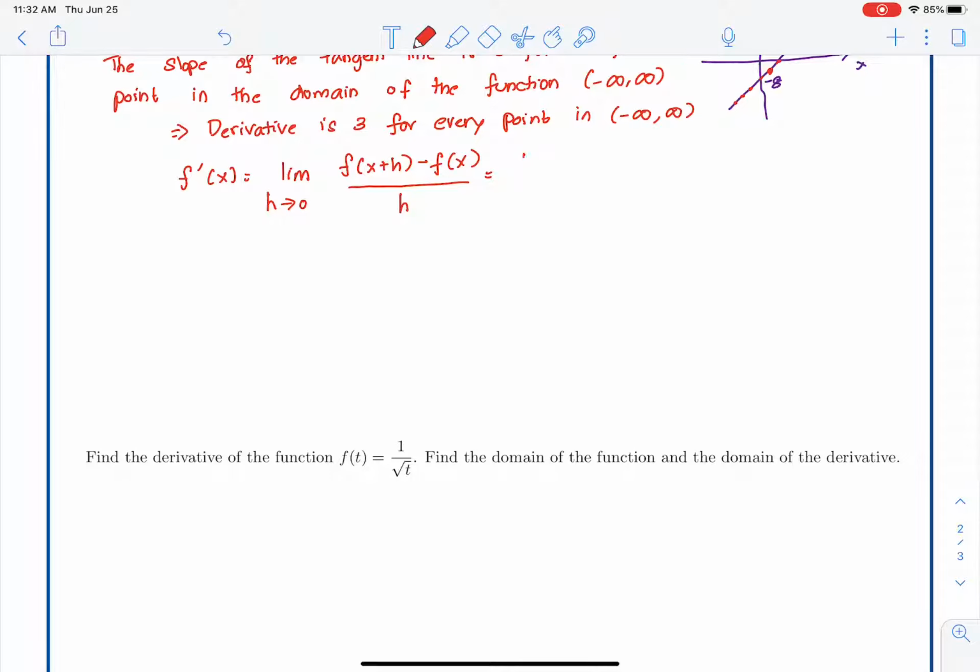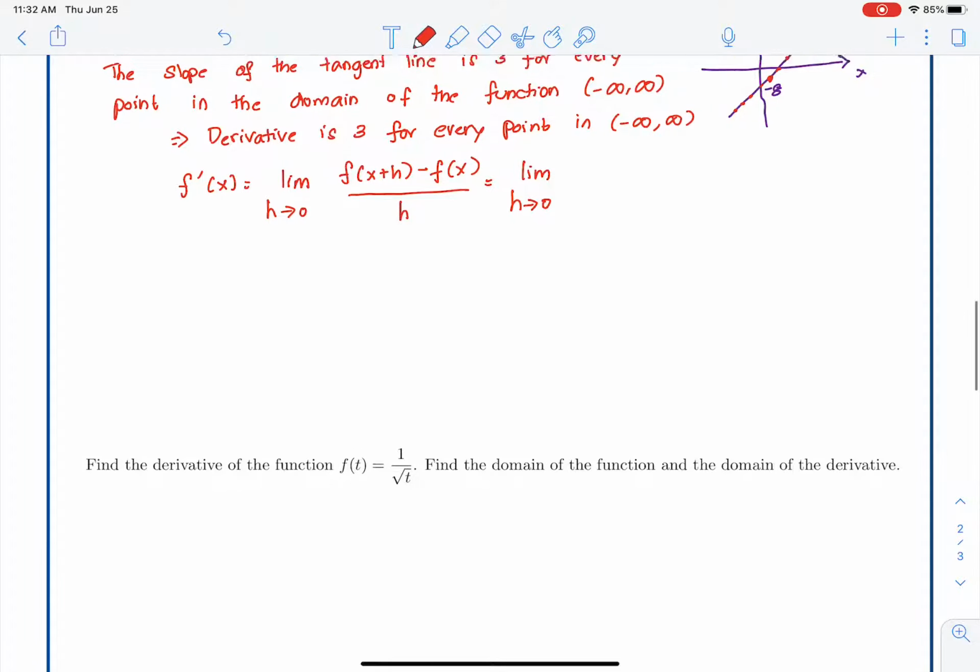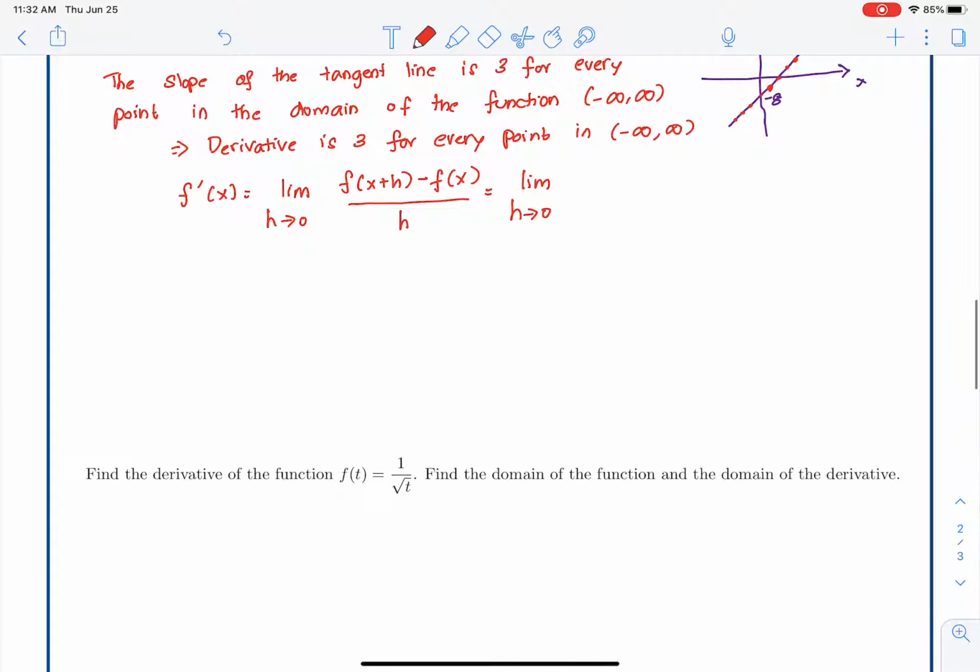So limit h approaches 0, the function is 3x minus 8, so I'm going to replace x by x plus h, minus 8, minus the function 3x minus 8, divided by h. So if I distribute, I would have 3x plus 3h minus 8 minus 3x minus 8 divided by h.